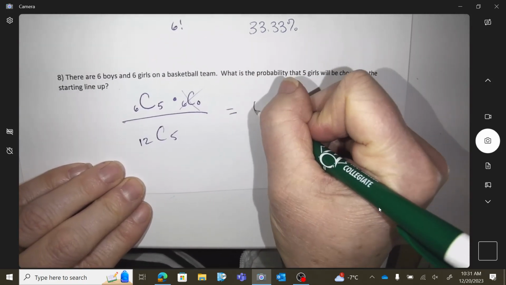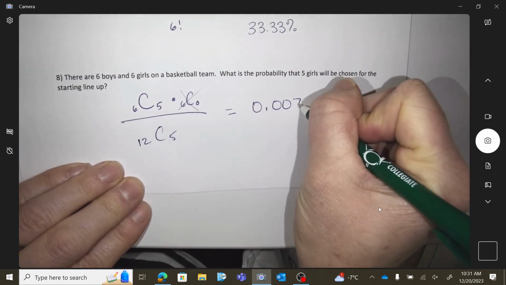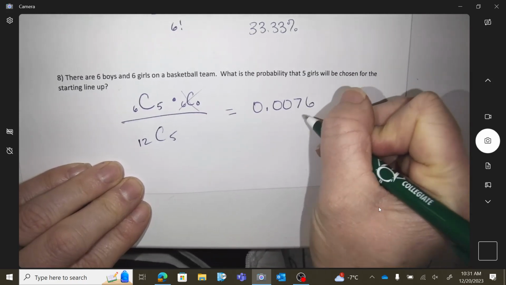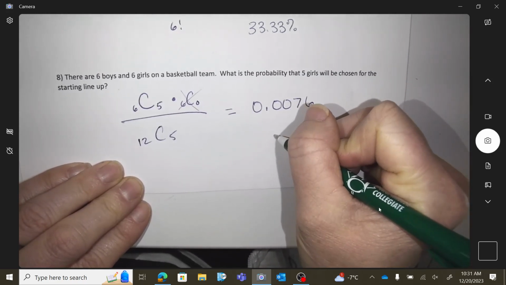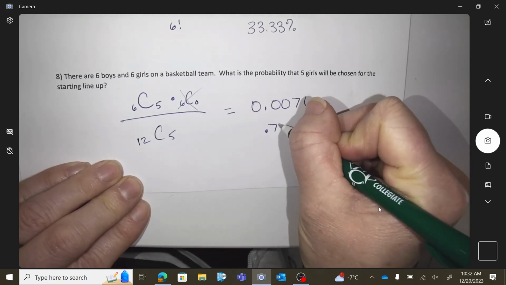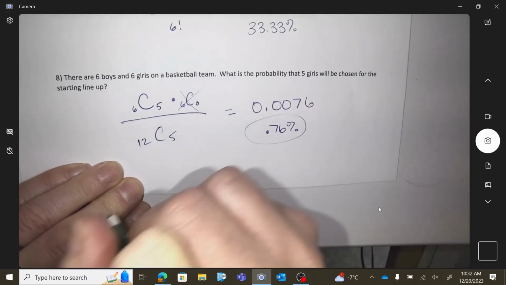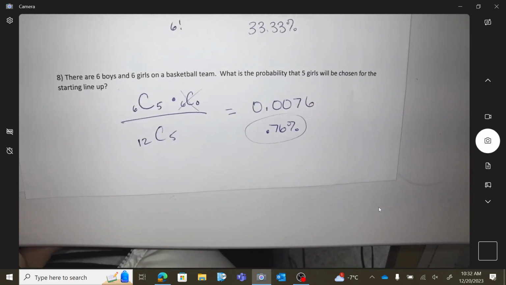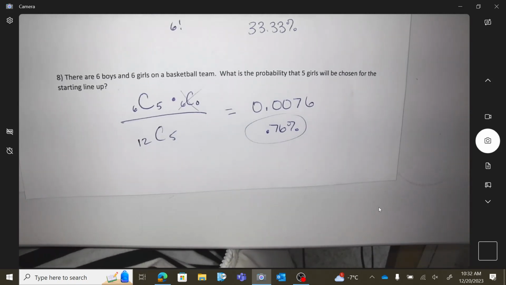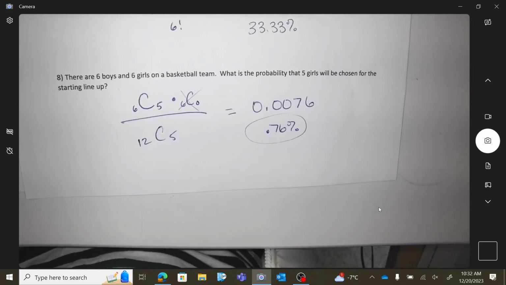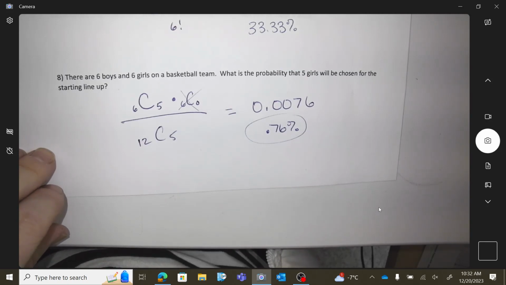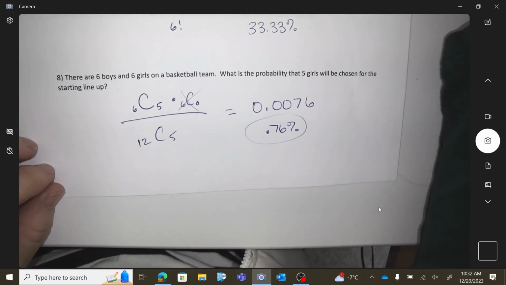Oh, that's low. Did you get a really low number? Yours gave you a scientific?